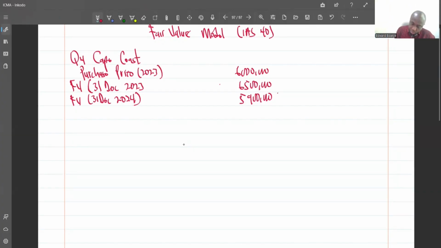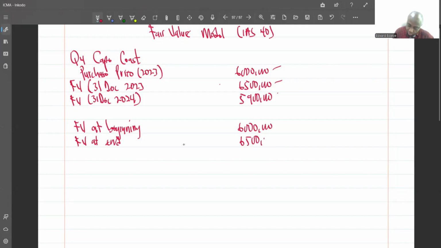So now this is January and then this is December 2023. January and December 2023. So fair value brought forward, so let me say fair value at beginning is 6 million, and then fair value at end is what? 6.5.